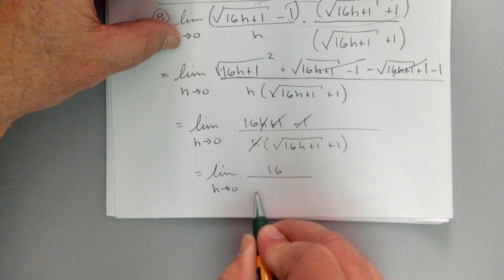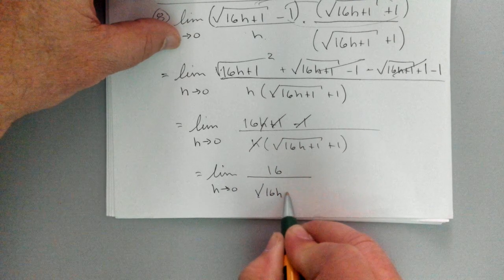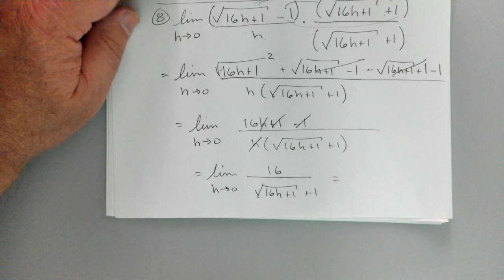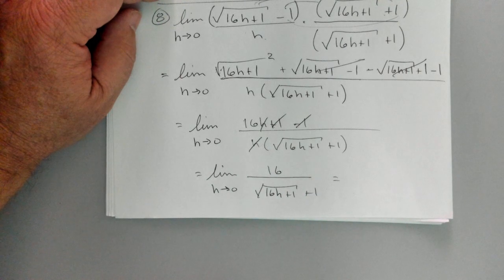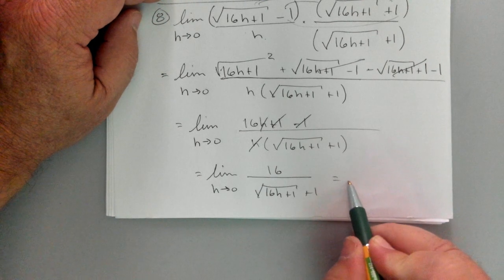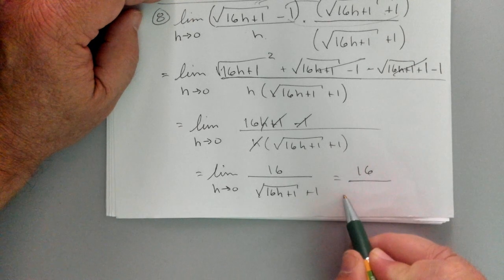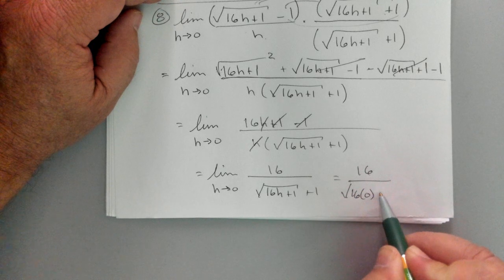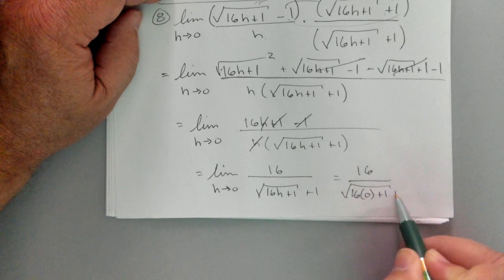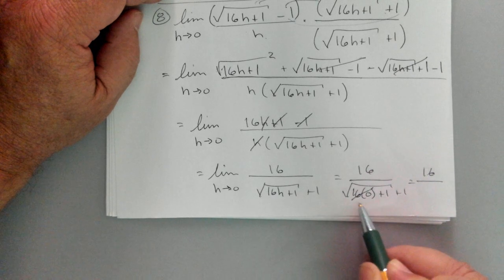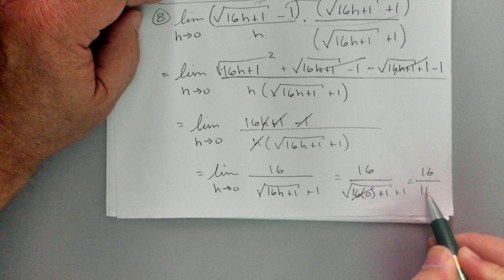We have 16 over radical 16h plus 1 plus 1. So we put 0 in there. Times 0 plus 1 plus 1. That's 0. Square root of 1 is 1.